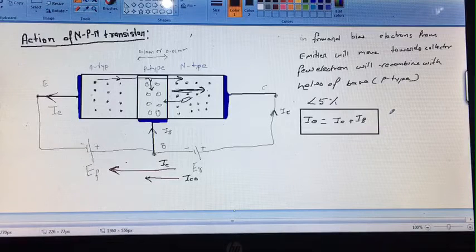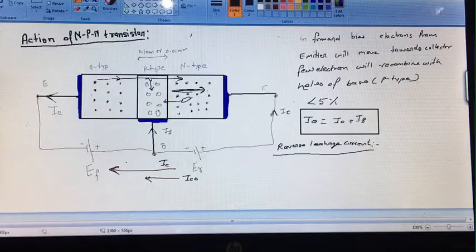Now, this is the current flowing due to minority charge carriers. This is also known as reverse leakage current. What is reverse leakage current?